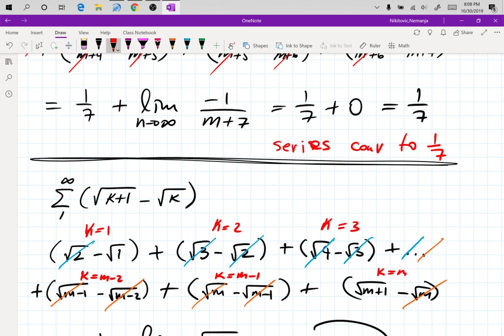It converges to 1/7. That means the sum of infinitely many numbers for that series adds to 1/7. So series converges to 1/7. And we have the formula to compute geometric series sum. We do not have any of those for the 7 tests below.